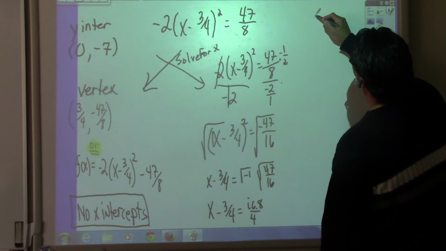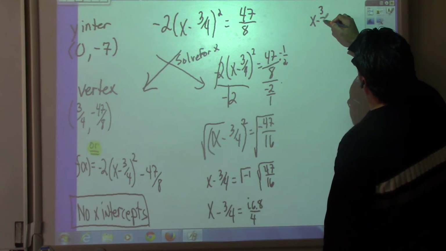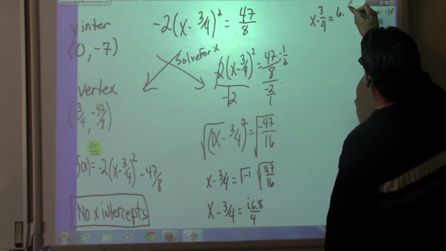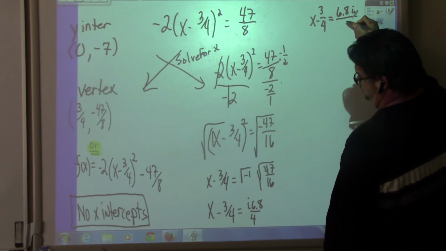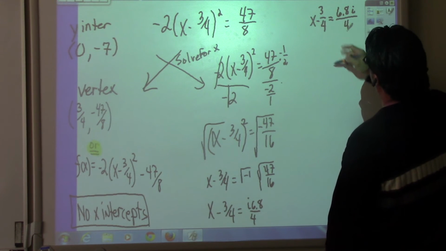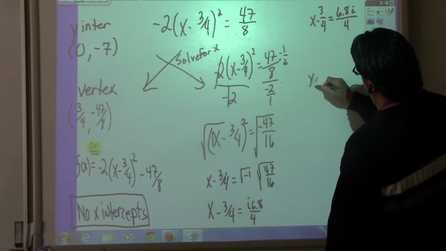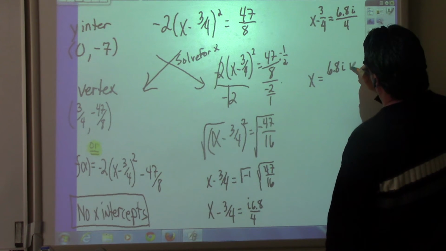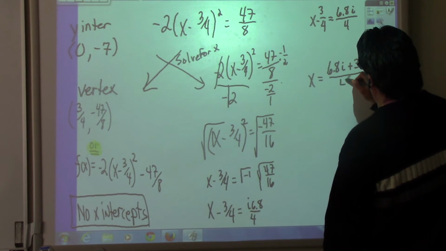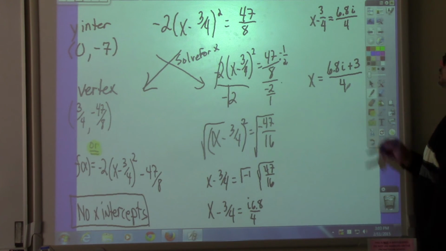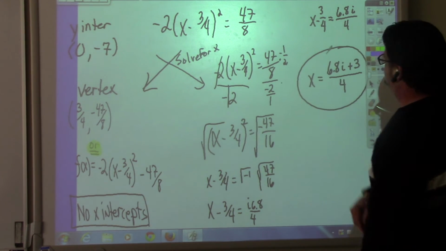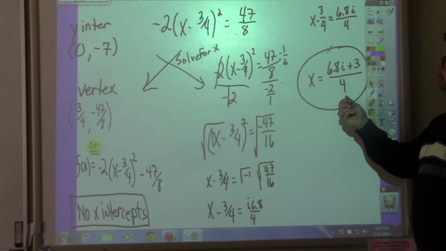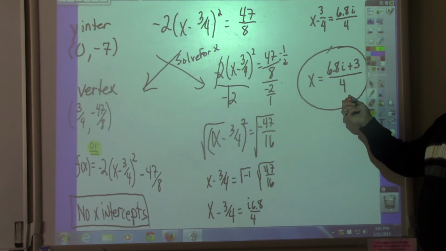So x minus 3/4 is equal to 6.8i over 4. And then bring this over. X is equal to 6.8i plus 3 over 4. Does this do you any benefit for sketching the graph?